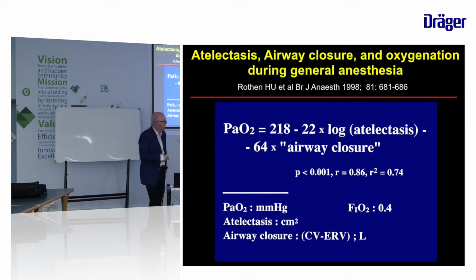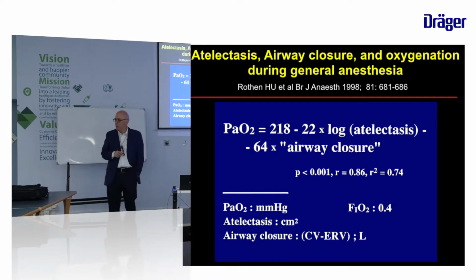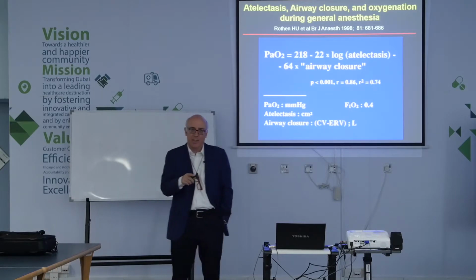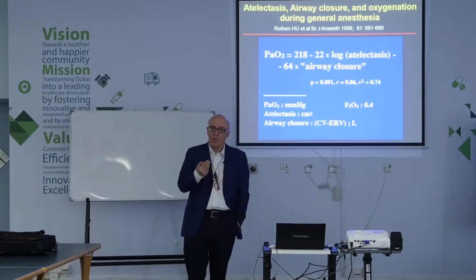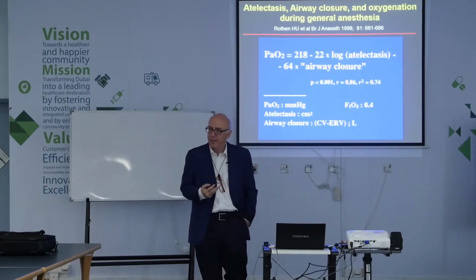So overall, the PO2 is determined during anesthesia by the amount of atelectasis, but also the amount of airway closure. And I show you that airway closure may be associated with lung injury. It's not only a question of atelectasis. It's a question also of collapse of the peripheral areas.